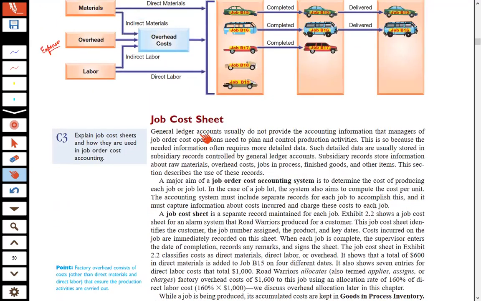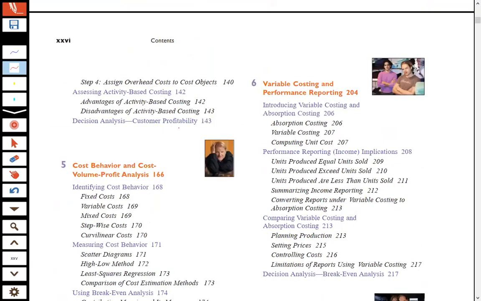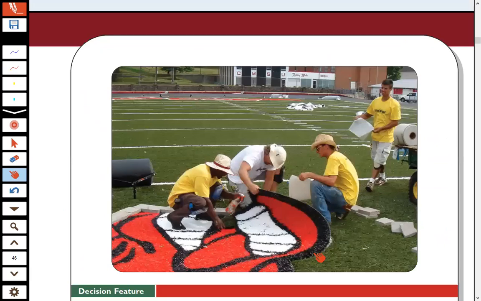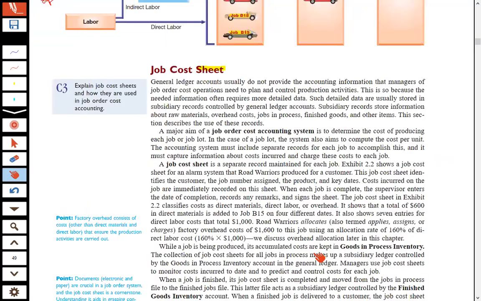Okay, the job cost sheet. What is basically a job cost sheet? Let me give you an idea. As the name implies, a sheet means a chart which comprises all the jobs' related costs.